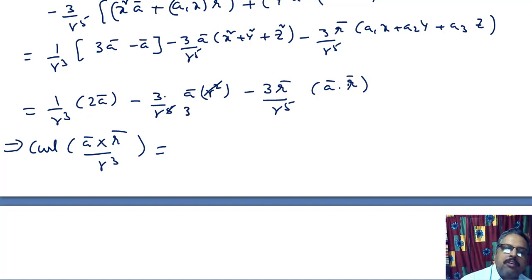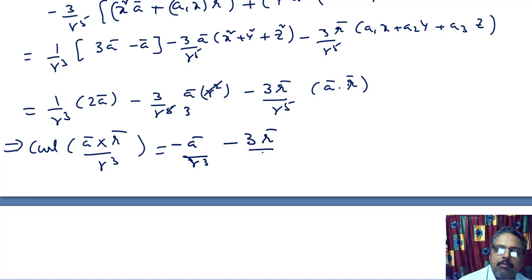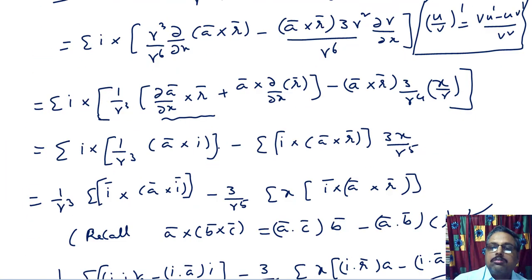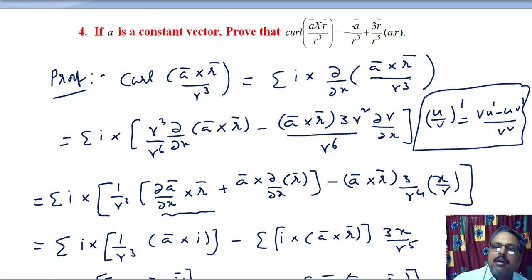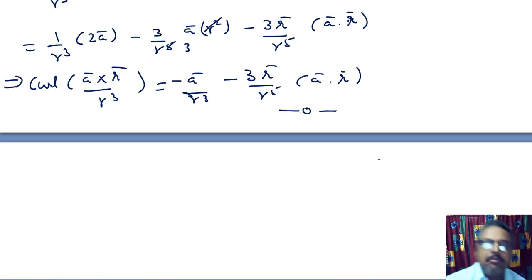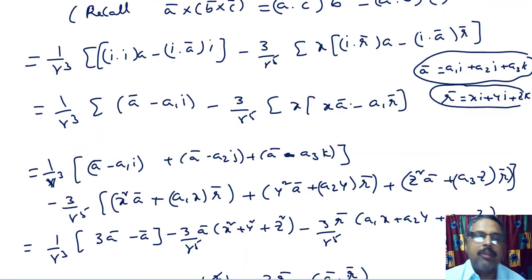Here 2 times, this is 1 minus 3 times a bar by r cube, a bar by r cube minus 3 r bar by r power 5 into a bar dot r bar. Just observe this result: minus a bar by r cube plus 3 r bar by r power 5 into a bar dot r bar. Okay, this is the important result, most important result.